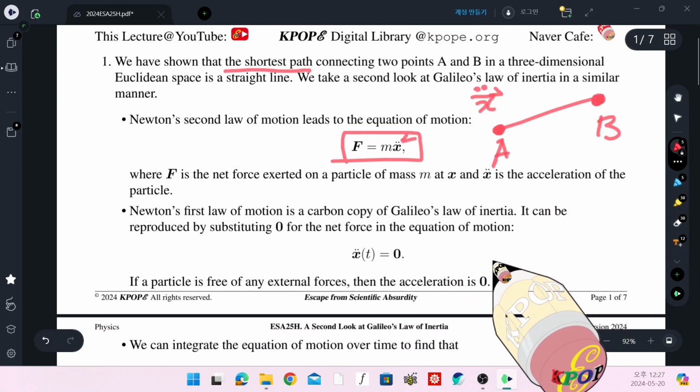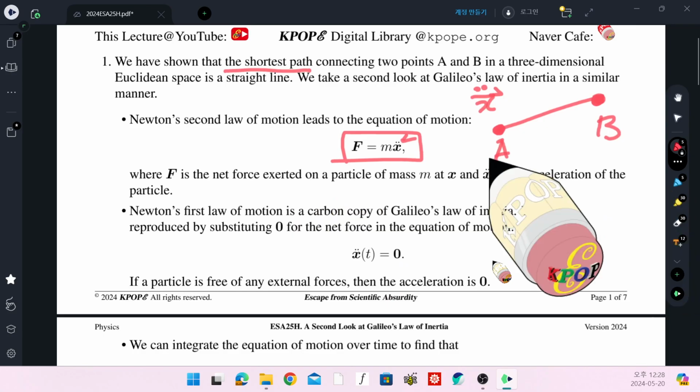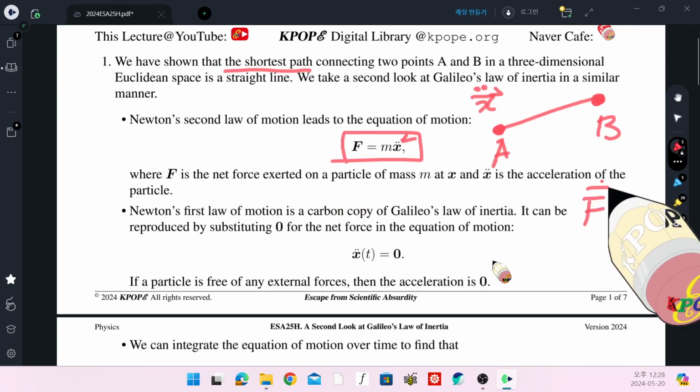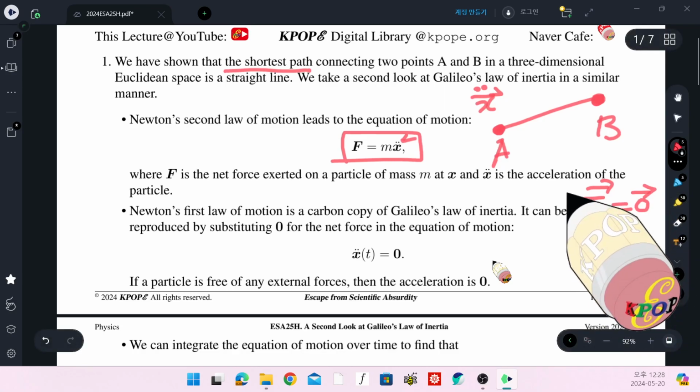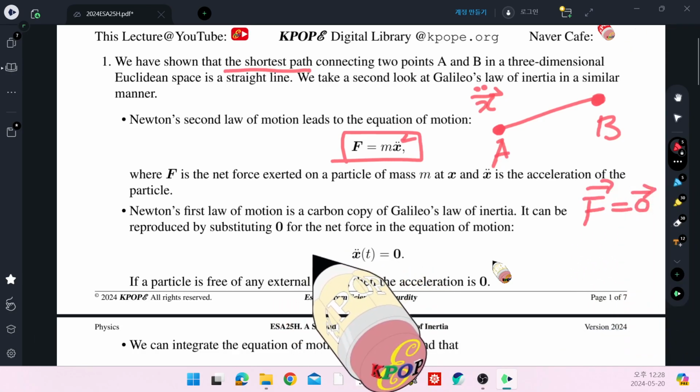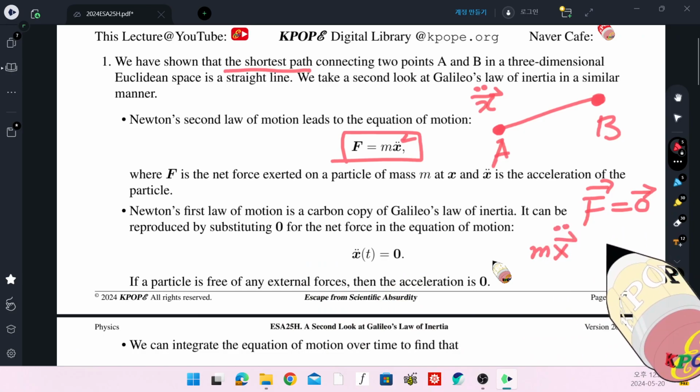A special case is called the free particle motion. Free particle means the net external force is zero. If force is zero, then mass times acceleration is a zero vector.